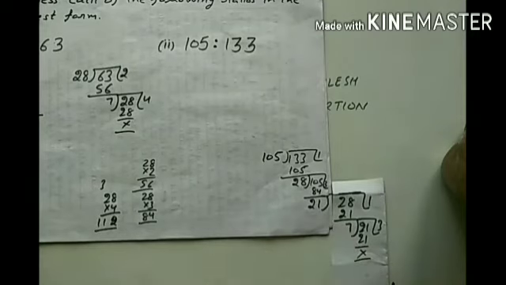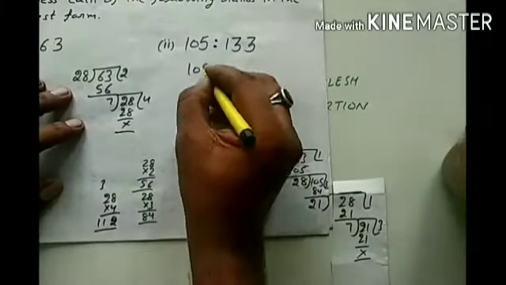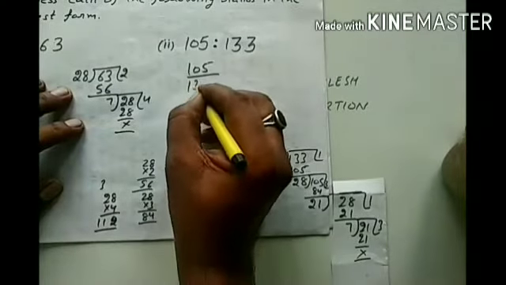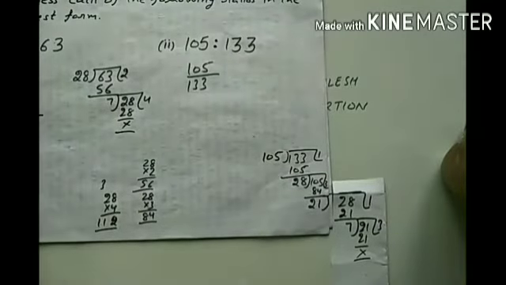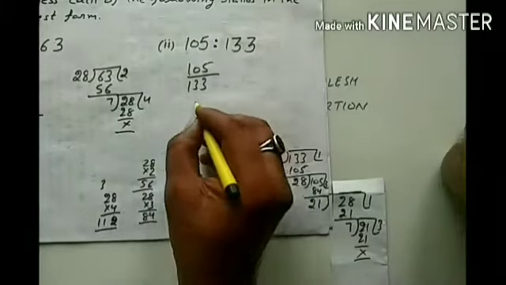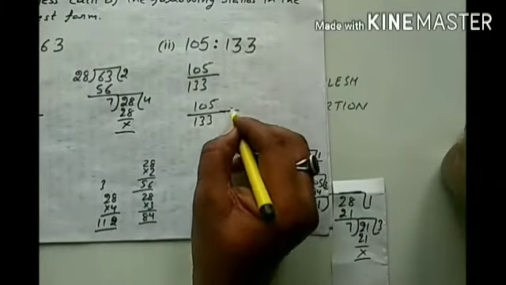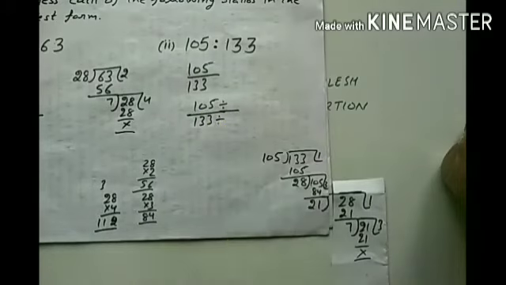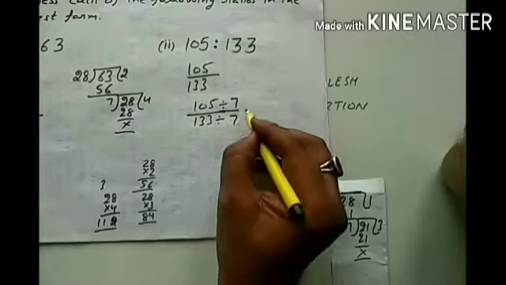The HCF is 7. So in this way I adopt the same method. Firstly I will write the given ratio in the fractional form. After that, divide by 7, that is the HCF we got.